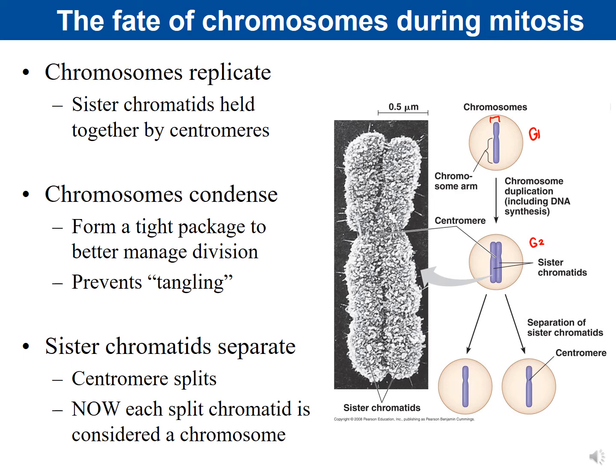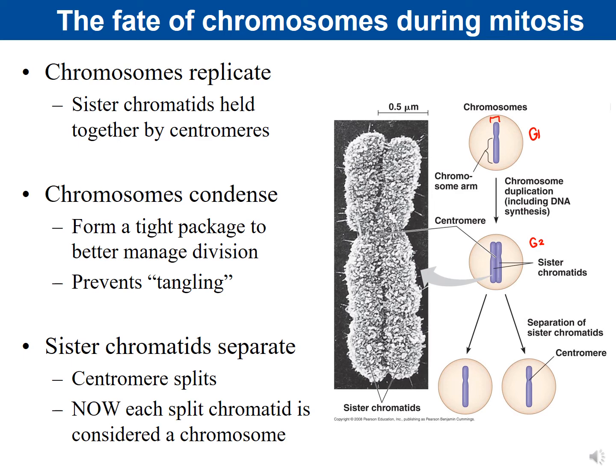The reason for that is that when the DNA looks like this black and white electron micrograph, the DNA is packed in tightly. And remember that I said in interphase, this is where a lot of metabolism occurs, meaning a lot of gene expression occurs.